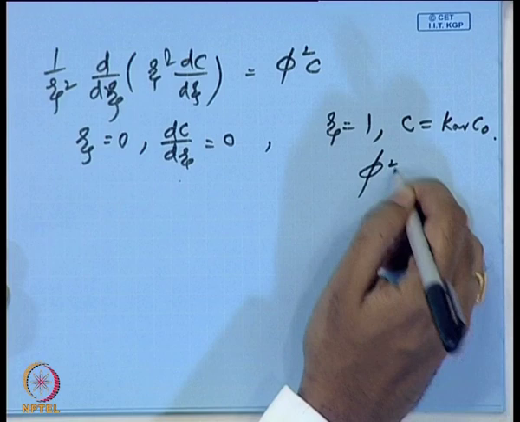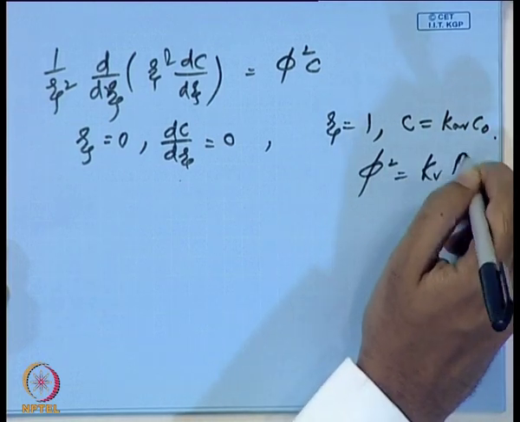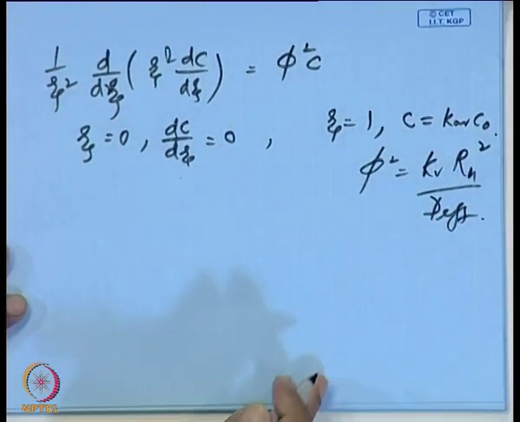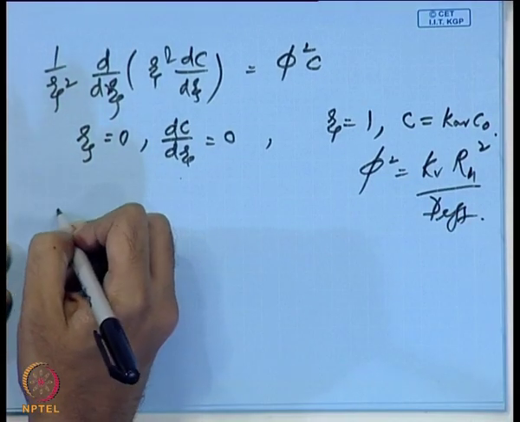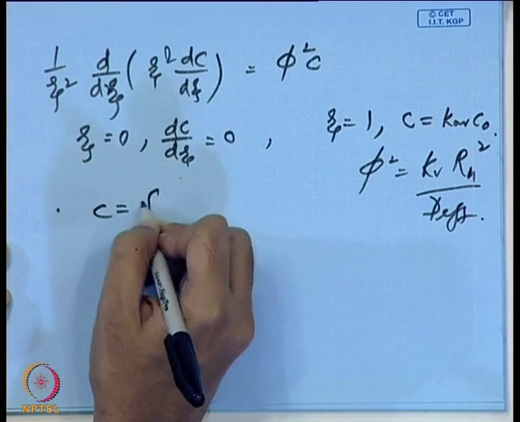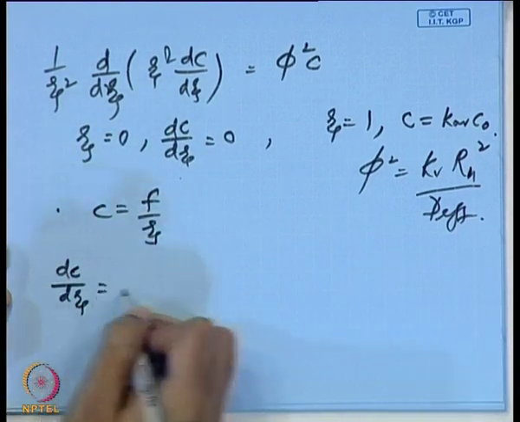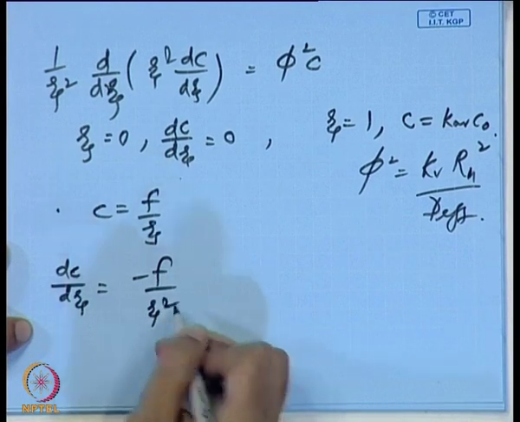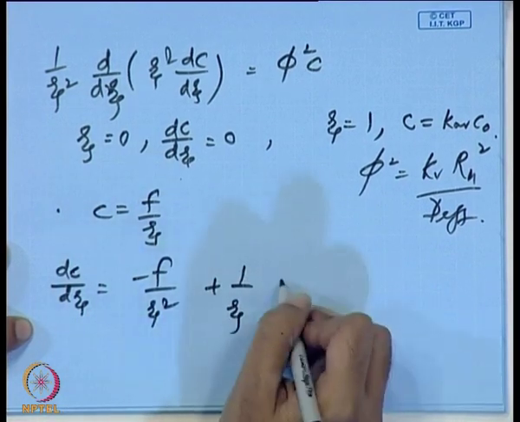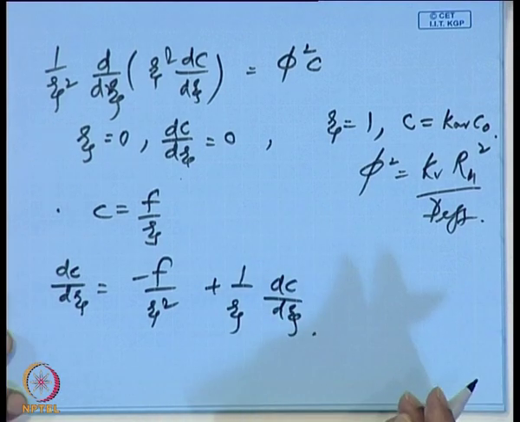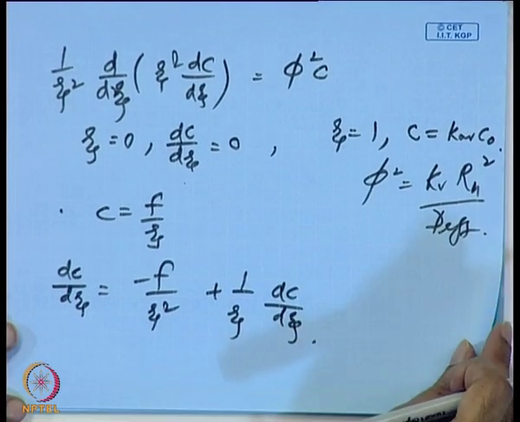So now my assumption is C equals f over psi. So del C del psi equals minus f over psi square plus 1 over psi del f del psi, right? Done.